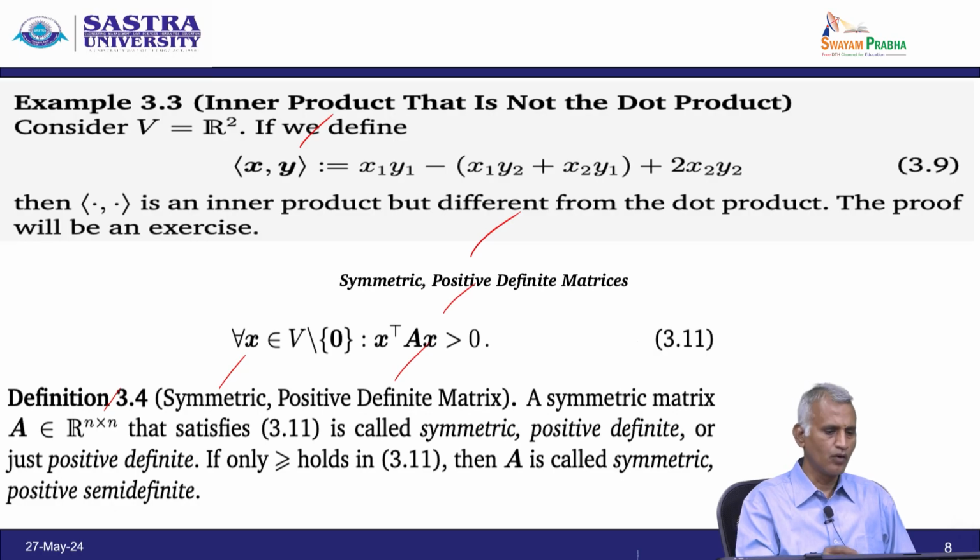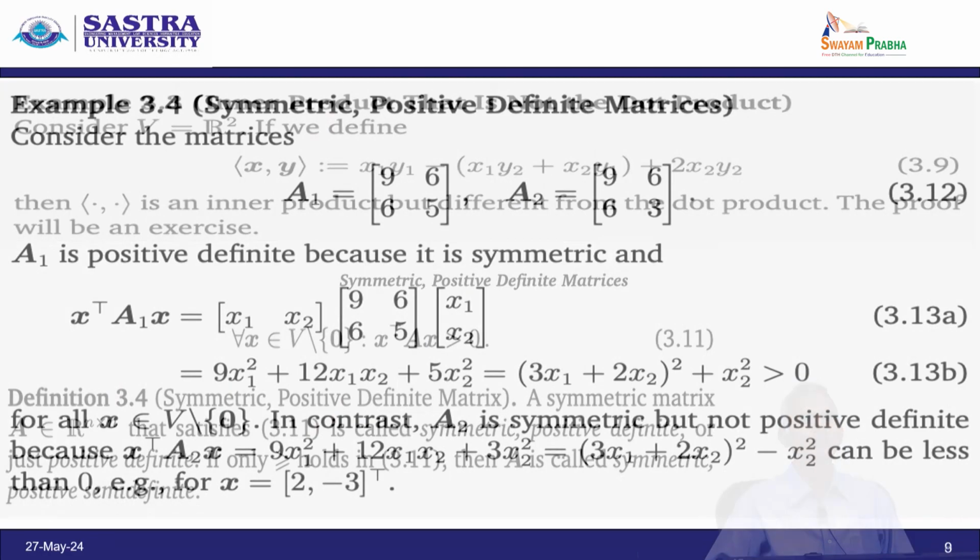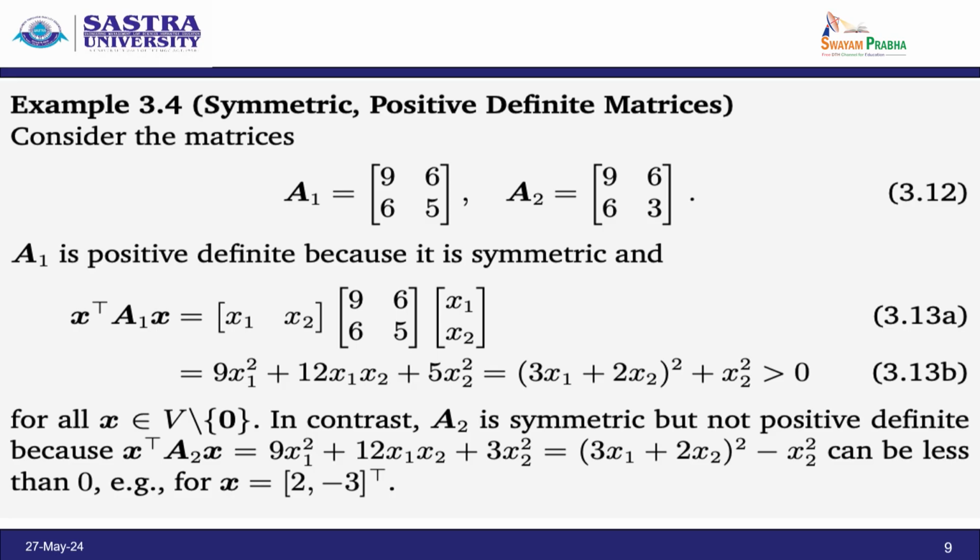If only greater than or equal to holds in the equation, then A is called symmetric and positive semi-definite. So, consider symmetric and positive definite matrices with an example: A1 equal to [[9, 6],[6, 5]], A2 equal to [[9, 6],[6, 3]].